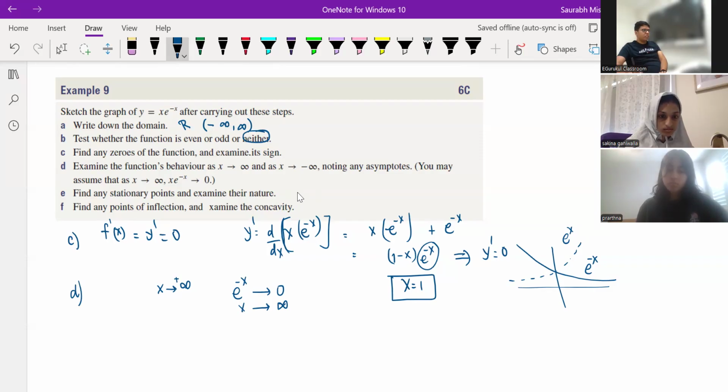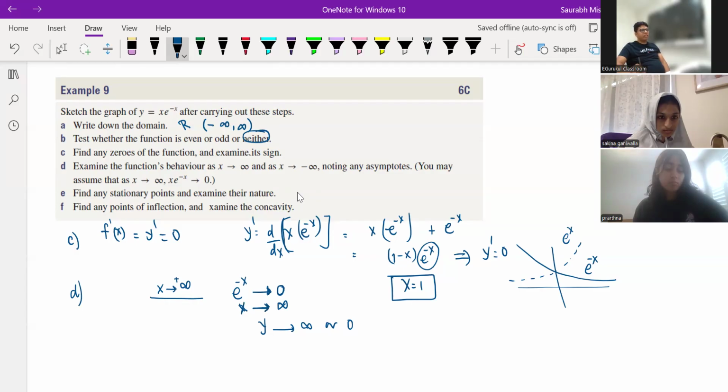Clear? So we have a doubt whether y will tend to infinity or 0. Any idea, Sakina? Because when x tends to plus infinity, x is very large. This is tending to almost 0, and this is tending to infinity.